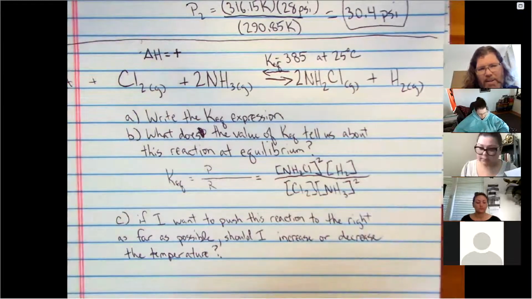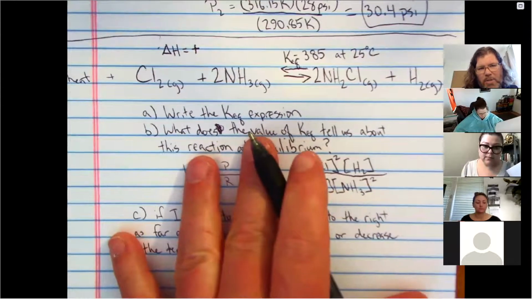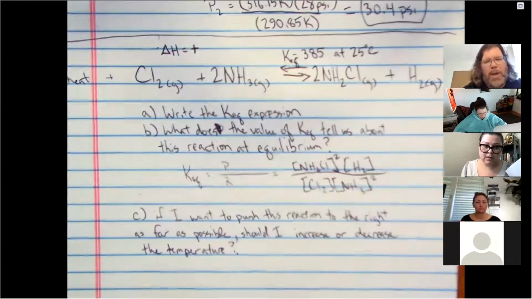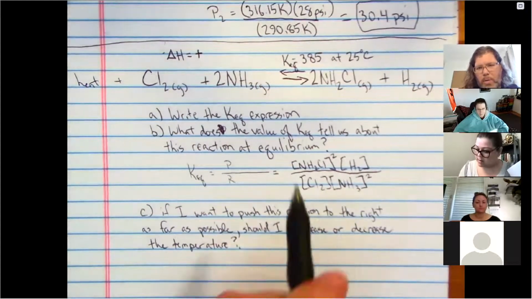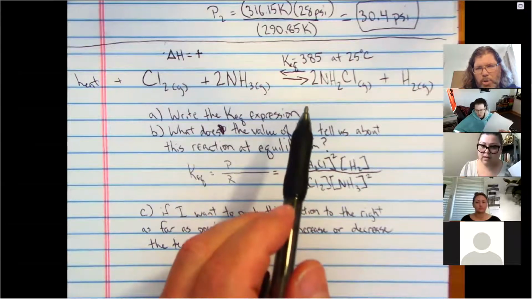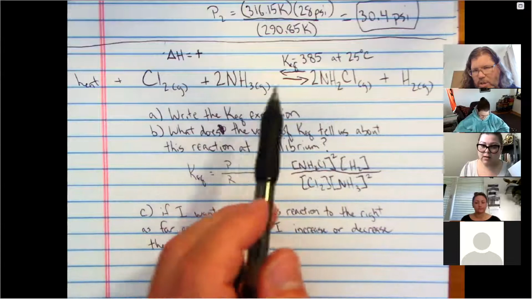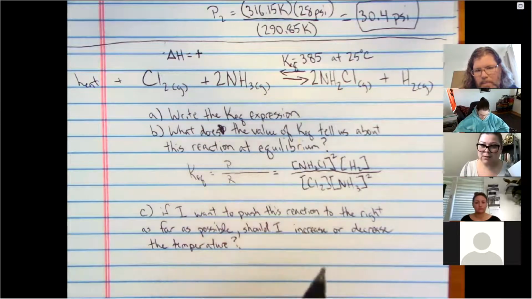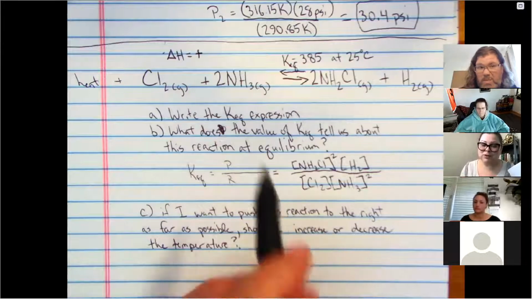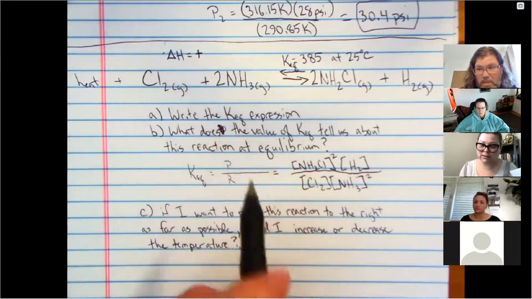So if heat is a reactant, what does that mean about this reaction if we increase the temperature? Will we shift to the right or to the left if we increase the temperature of this reaction? Left. No, you still want to decrease.